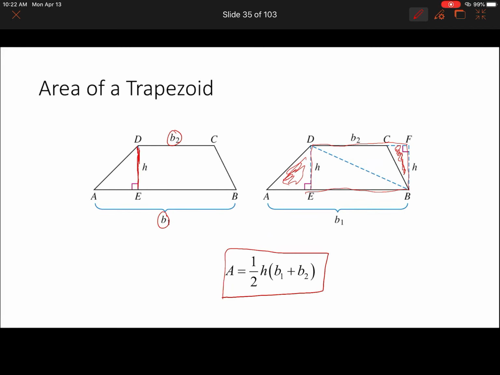And so, again, not going to get into a proof of why that works the way it does, but that is our formula. It's 1/2 times the height times the sum of the two bases.